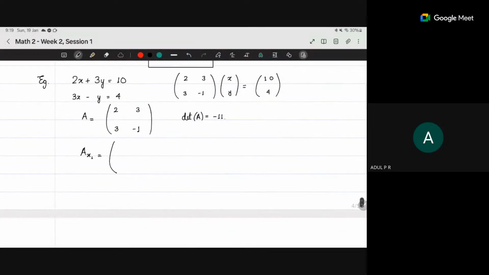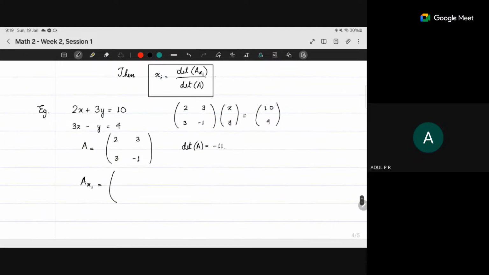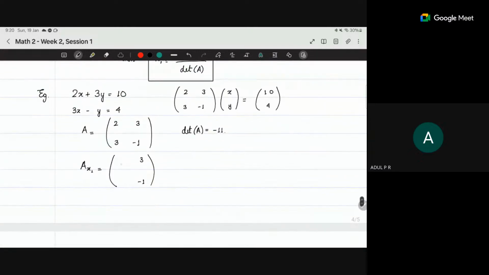I look at this matrix A and replace the first column. AX1 only changes the first column, so the second column remains the same. But what is the first column? I replace it with the constant vector, 10 and 4. Then I compute the determinant of AX1.